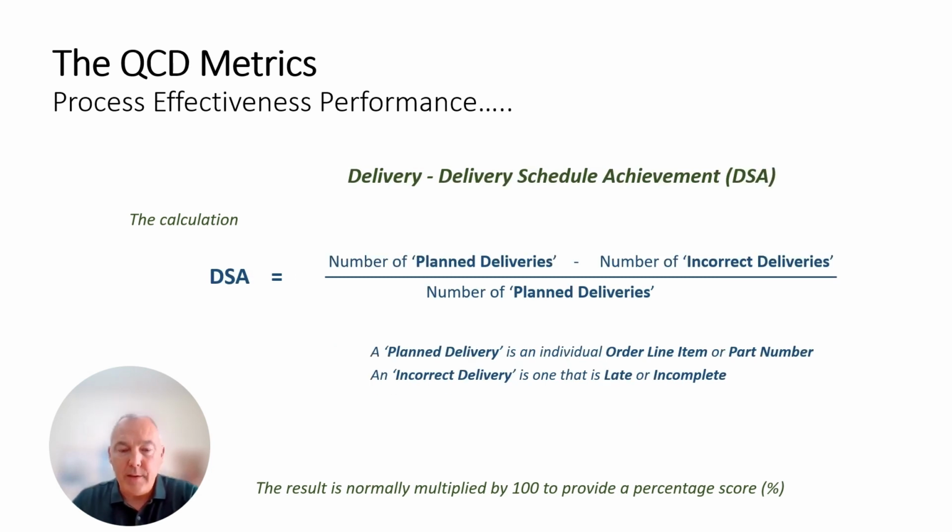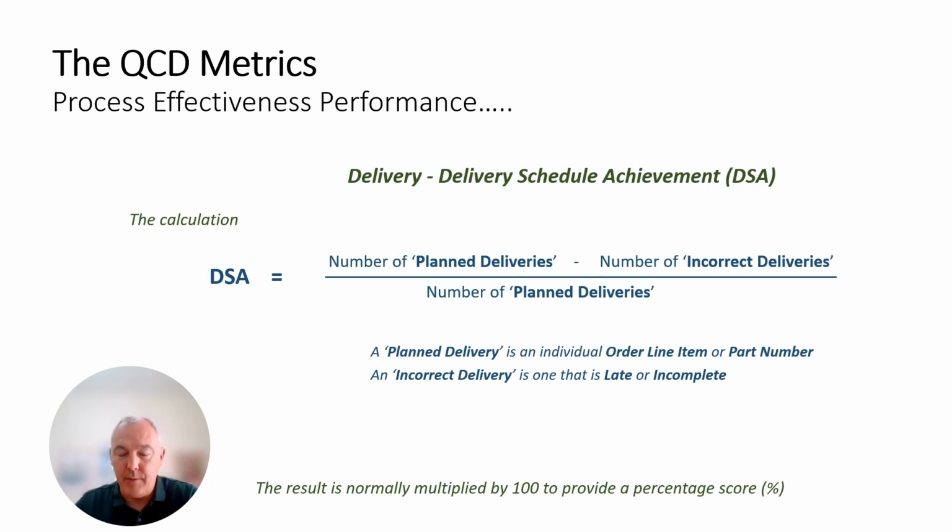The second of the effectiveness performance metrics is the measurement of delivery performance, and that's measured in terms of delivery schedule achievement. That's slightly different than the measurement of quality in that we measure this at the order line item level rather than the individual component level. It's calculated by identifying the total number of order line items that we've delivered and also identifying the number of those that were incorrect.